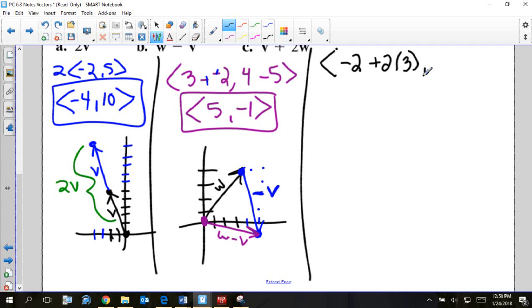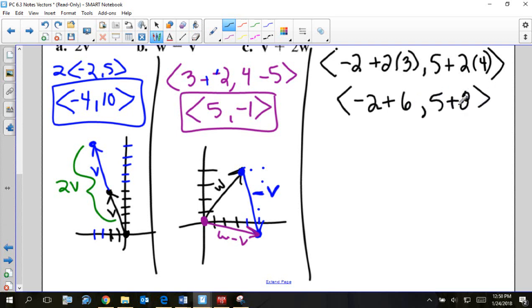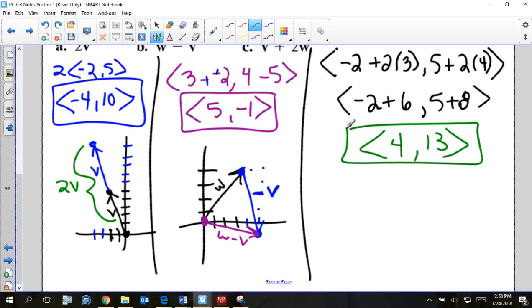And then I'm going to do 5 plus 2 times 4. And then what I would do next is I would do -2 plus 6, and then 5 plus 8, right? And normally I wouldn't even write that step, but I'm going to do it on purpose because we're learning something totally new here. And then we'll combine that and we'll get, I'll put it in green, we'll get 4, 13. So that should be the answer.